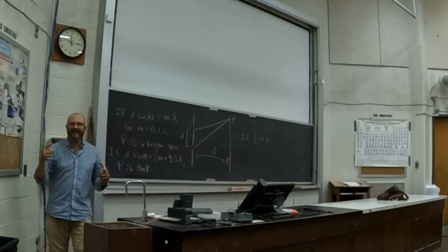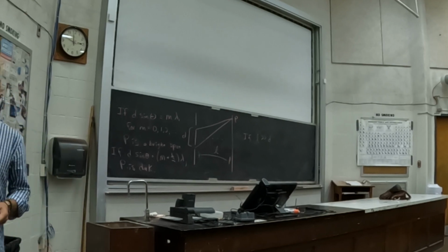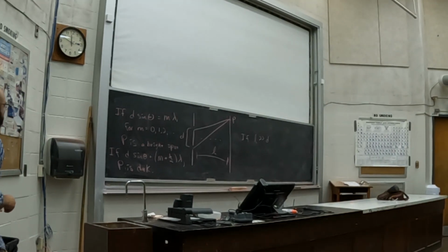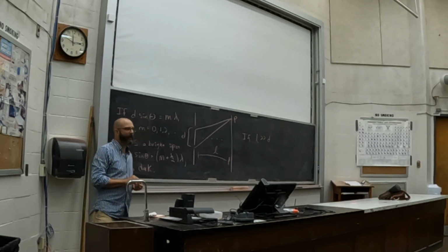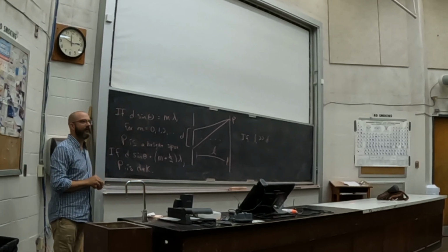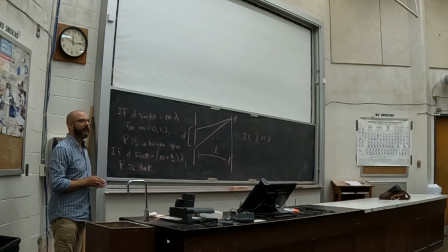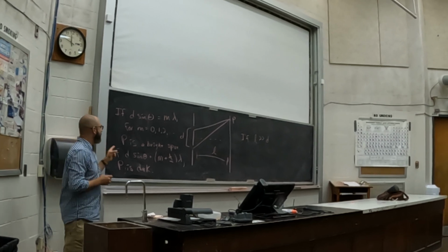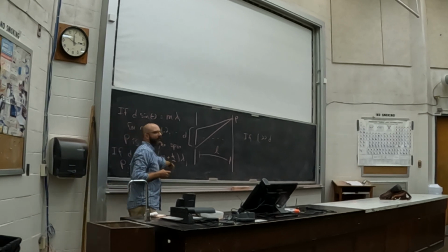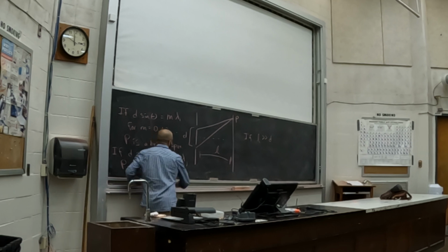You get complete destructive interference if that's the case. Any questions about that? Alright. The reason I write it like this is because I want to be able to use the same m's for both of these. So here's how it works out.